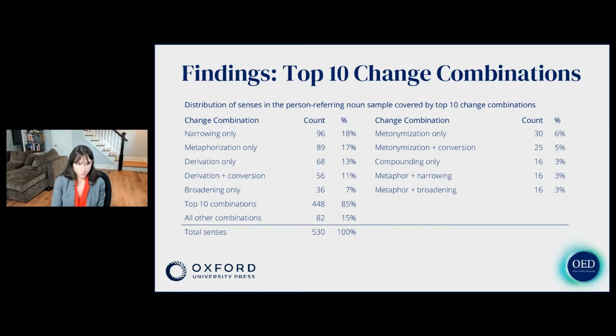And what you see is that having a sense simply narrow with nothing else happening was close with metaphorization, but 18% of the whole sample was produced simply by narrowing, and a further 17% produced simply by metaphorization or derivation. And it was definitely the case that senses more often underwent only one type of change rather than combinations of change.